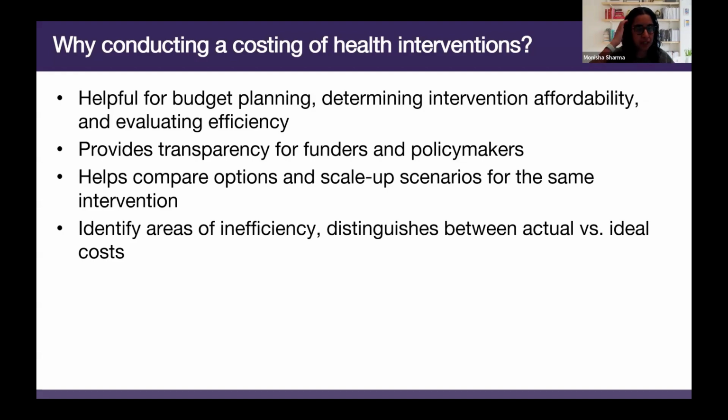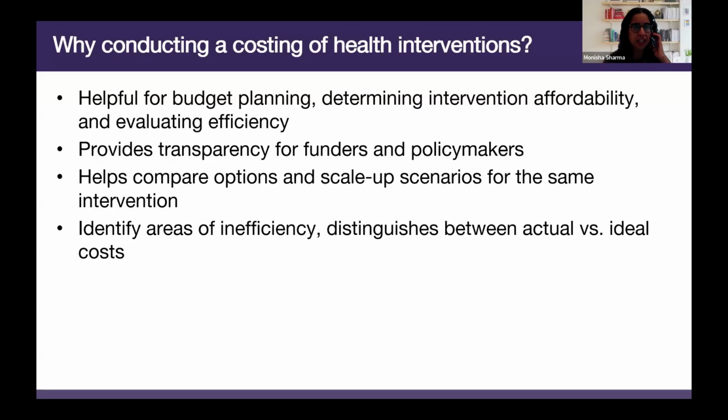You can also evaluate efficiency, and this is mostly economic evaluations like cost effectiveness analyses, where you're trying to understand the cost per health unit of benefit. So cost per HIV case averted, or in that kind of vein with a health benefit as the denominator.